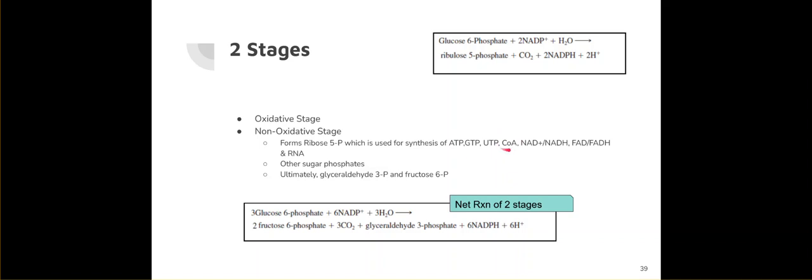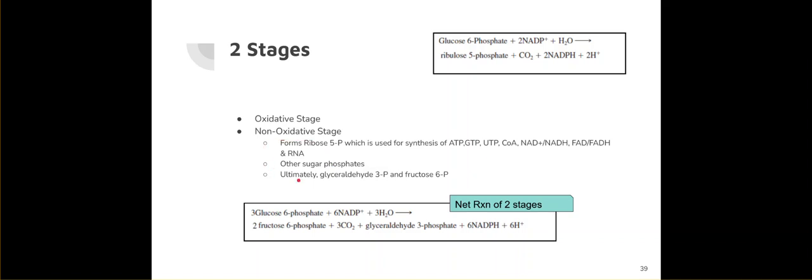It can also form CoA. It can form NAD plus, and it can also form FAD. And this ribose can also be used to build RNA as well as other sugar phosphates.